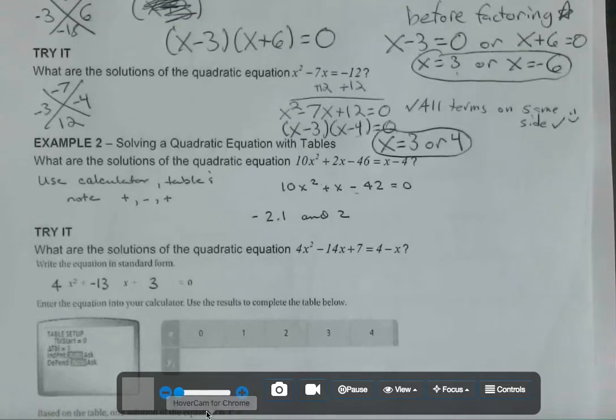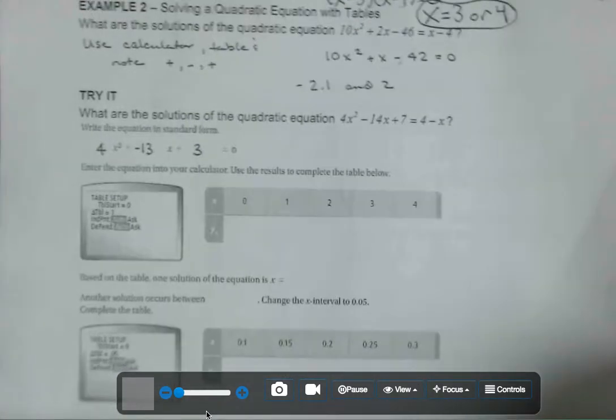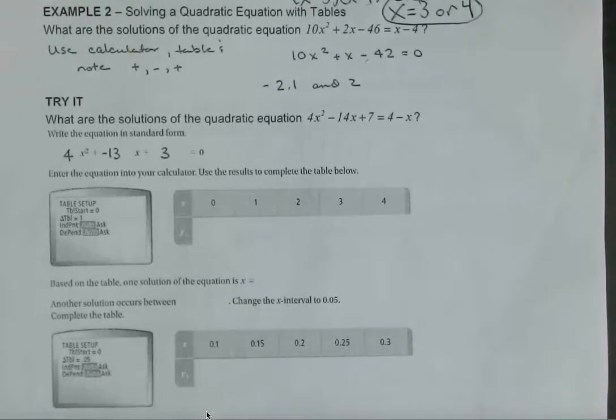Some examples seen here. So you're being asked to find the solutions of what's going on with this. Try it on your calculator, see if you can do that. So we know that we're being asked to go and solve when we have 4x squared. We're subtracting 13x.